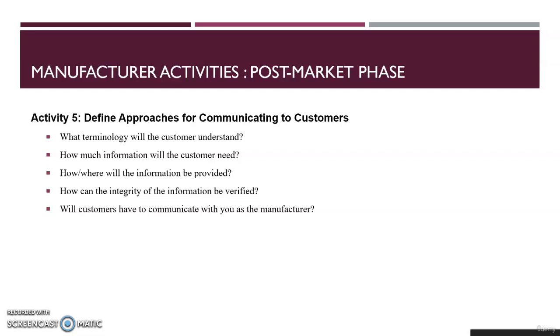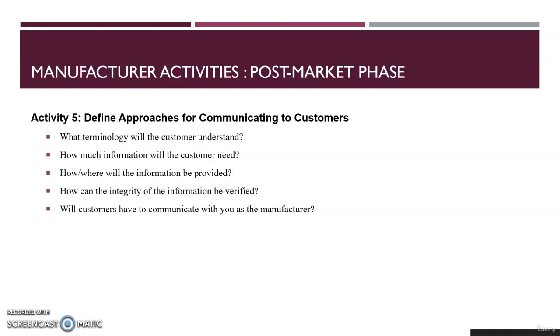This is activity number 5, which says define approach for communicating to the customer. Clearly communicating cybersecurity information may necessitate different communication approaches for different kinds of customers, based on their expectations and resources. Manufacturers can answer questions like the following to help define the communication approach. What technology will the customer understand?